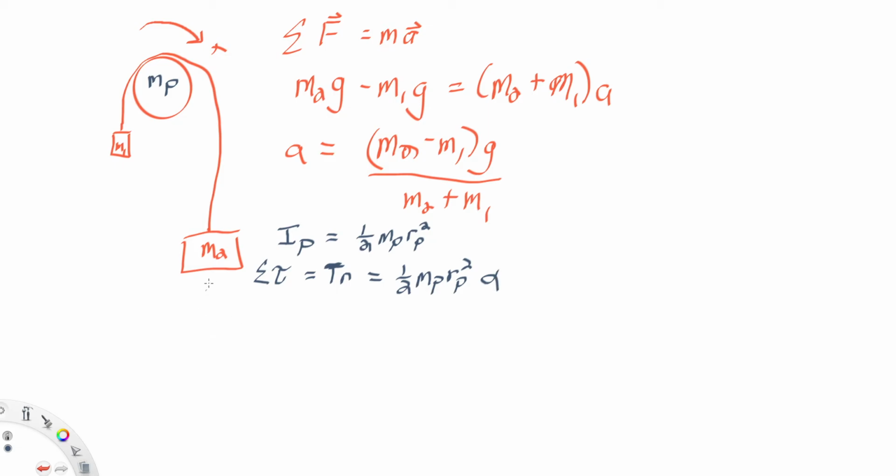And this is what Newton's second law for the pulley looks like. Is everybody with me when I write this down for the pulley? Then you have comments, questions on this analysis as we're beginning.